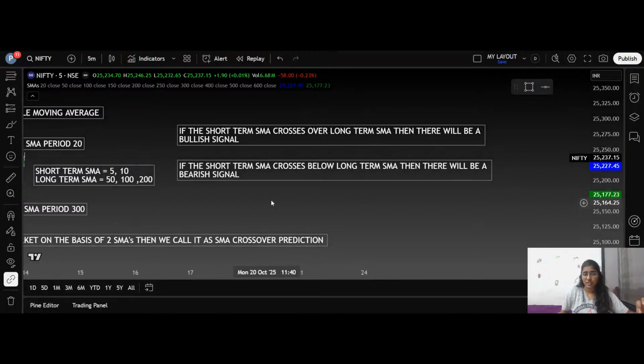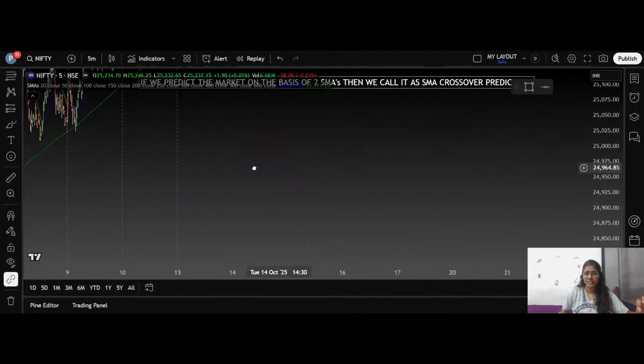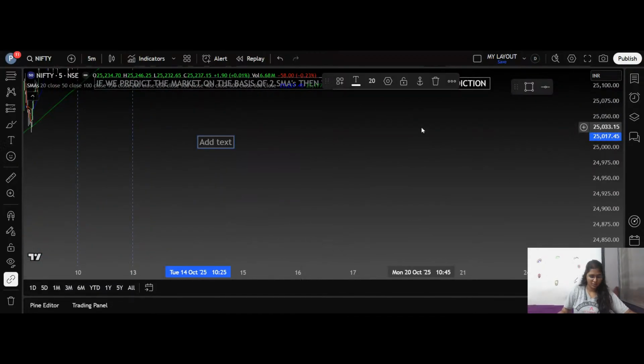Now we are going to see one more prediction from this SMA. That is nothing but how we confirm the trend. Above I also told the same thing, but now I'm telling the same thing with a little bit different method.